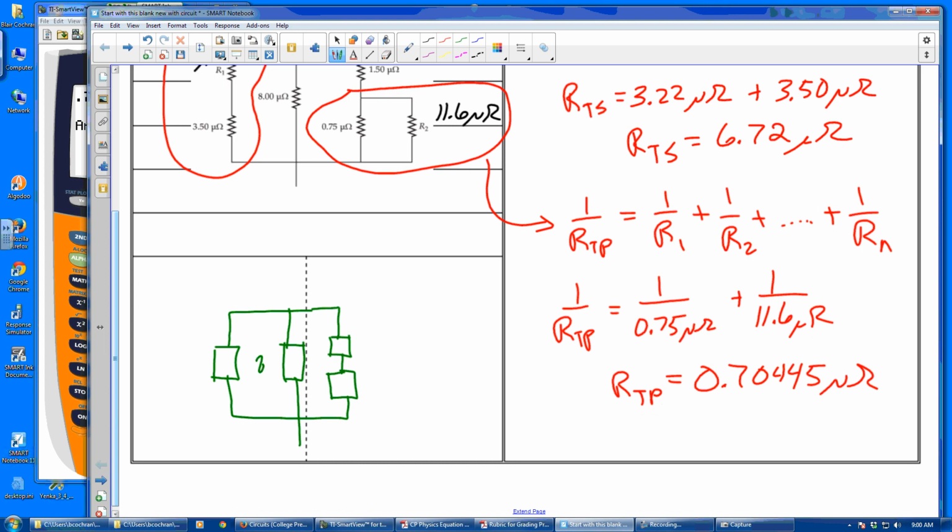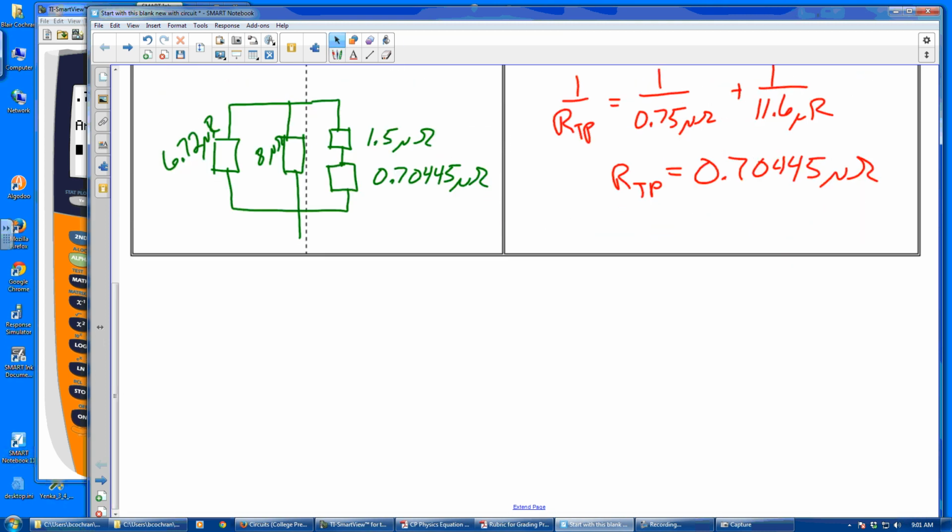This is my 8 micro ohms. This is my 1.5 micro ohms. This is my 0.70445 micro ohms. And this is my 6.72 micro ohms. So I've reduced my circuit from 6 resistors down to 4, right? And I'm ready to do my next one.